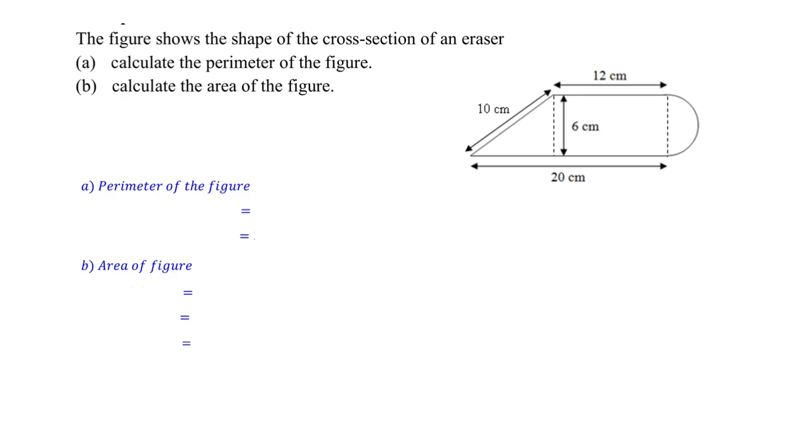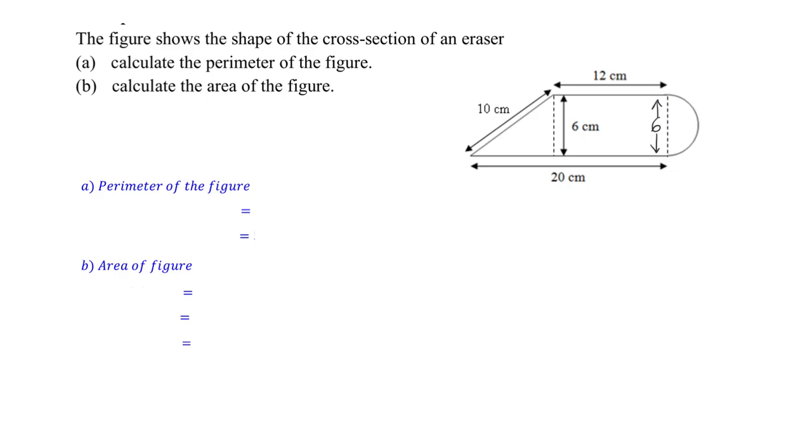Okay, perimeter will be pretty straightforward. The only thing to take note of is that the 6 cm here is actually the diameter.